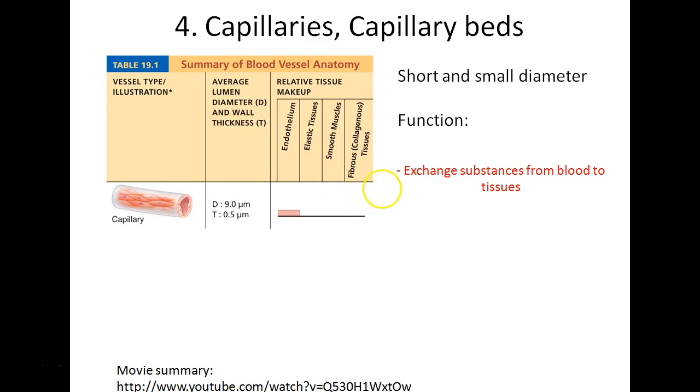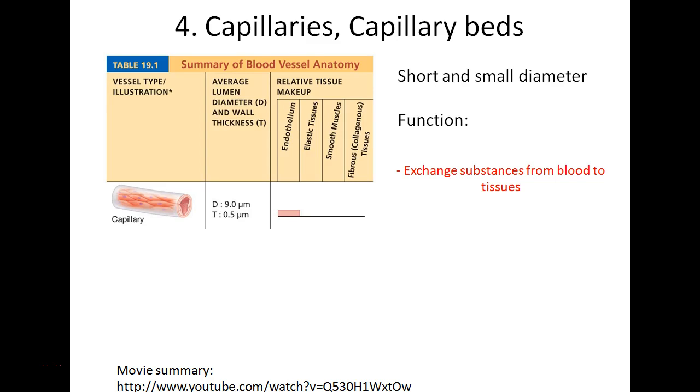So at these capillaries, this is where we're going to exchange substances from blood into the tissues. And these are going to be shorter vessels and smaller in diameter. When we say smaller in diameter, we're talking roughly 8 to 10 micrometers in diameter, and the length is on average about 1 millimeter.